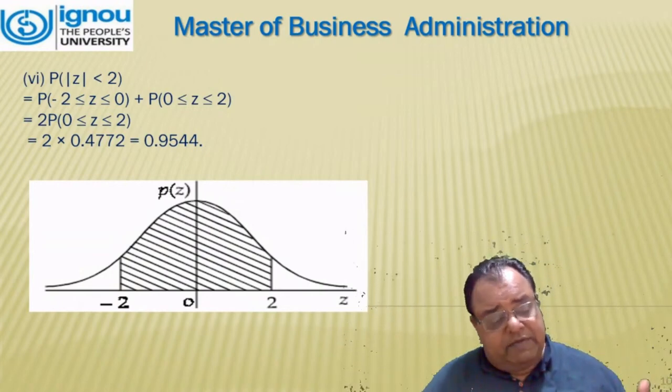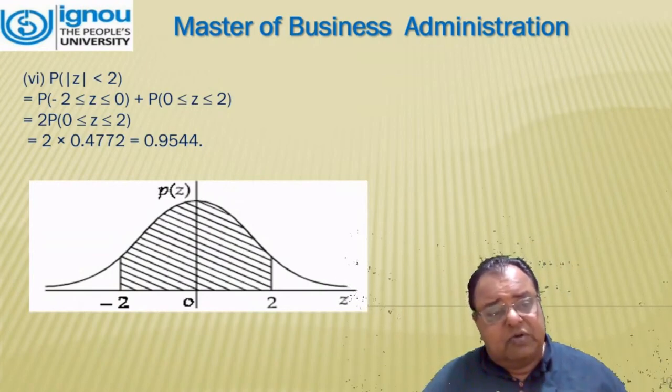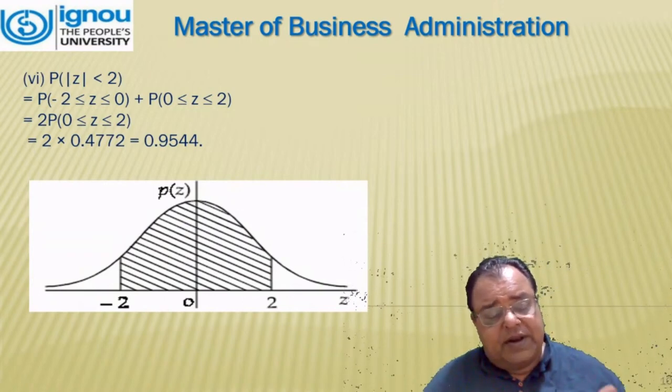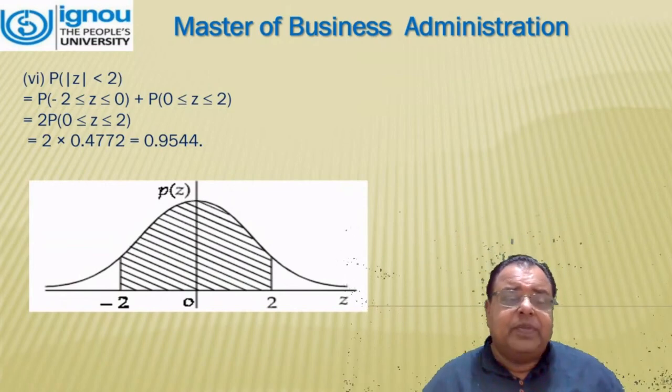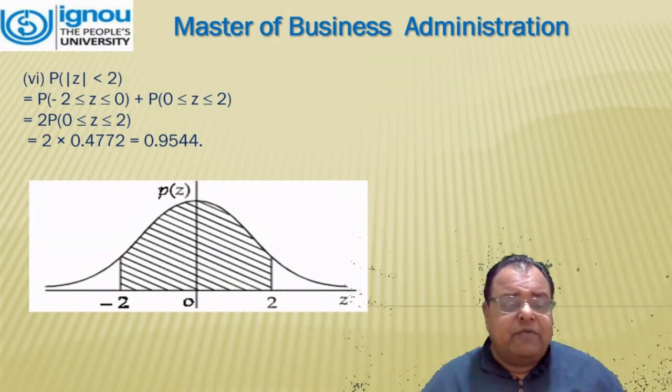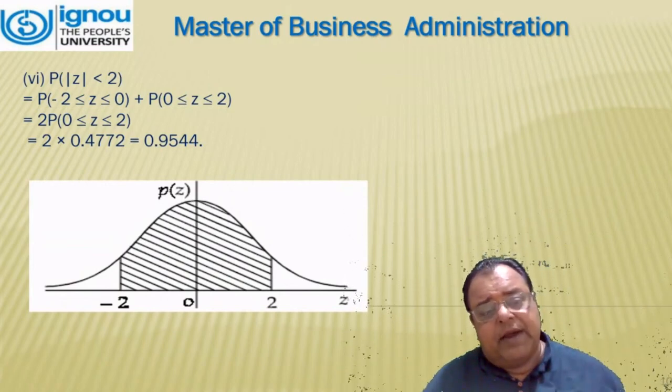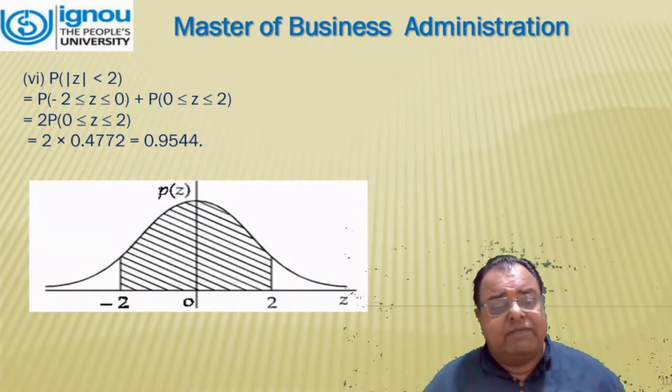Since it is symmetrical, we multiply it by 2: 2 times probability 0 ≤ z ≤ 2. Referring to the table, at 2 we get 0.4772. Multiplying it by 2, it will be 0.9544.